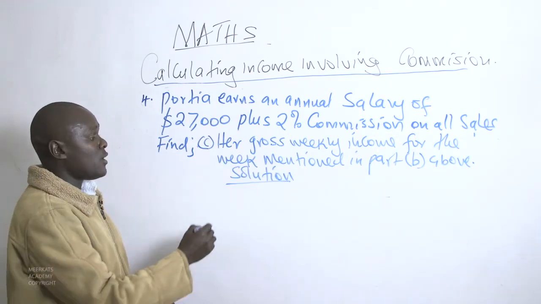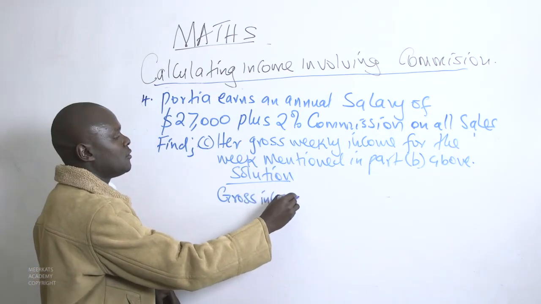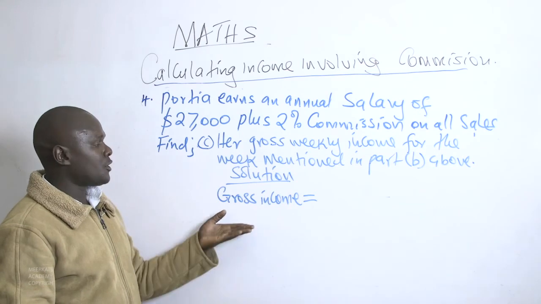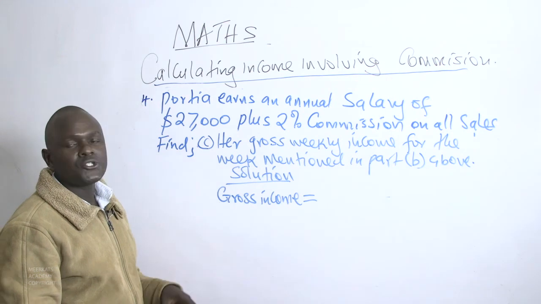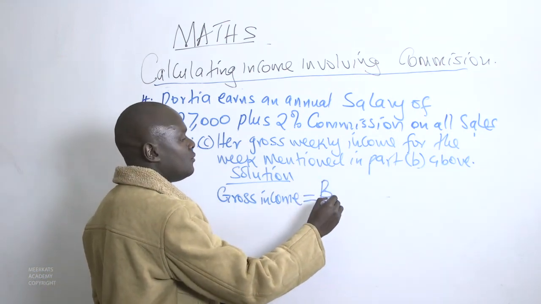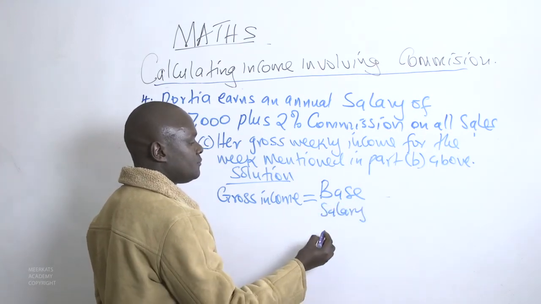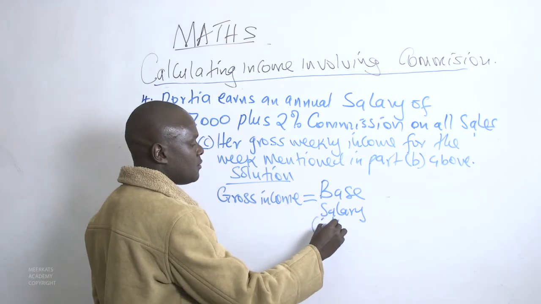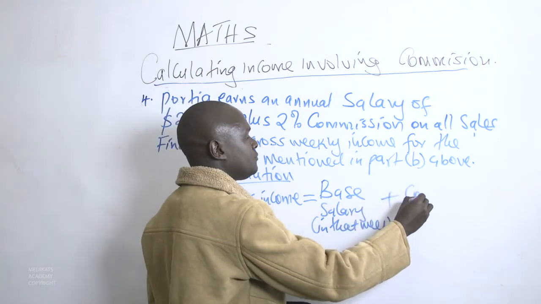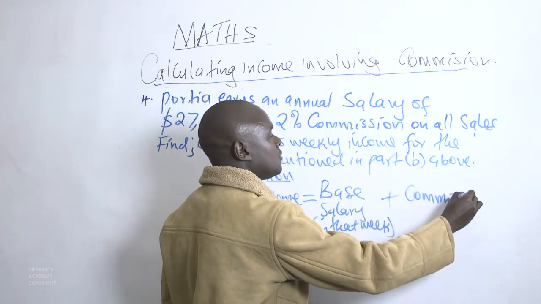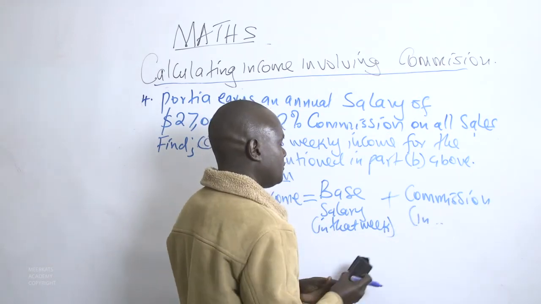In this week, they want us to find the gross income, which is the income before deductions are effected, and the gross income will contain the base salary in that week plus the commission. Of course, this commission will be in that week also.